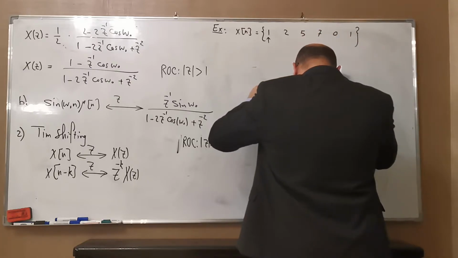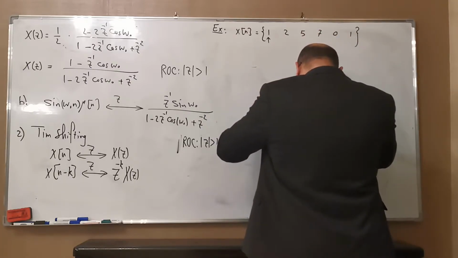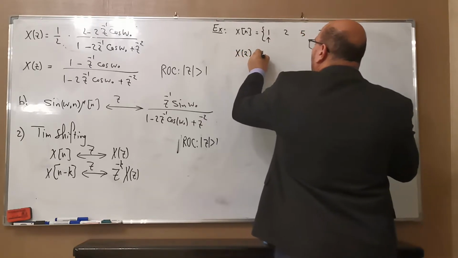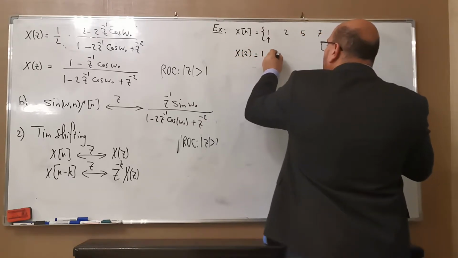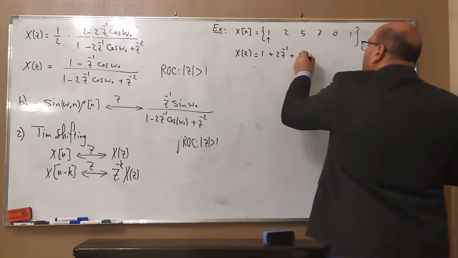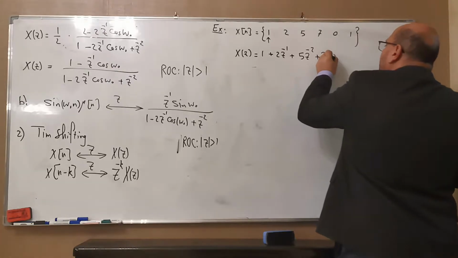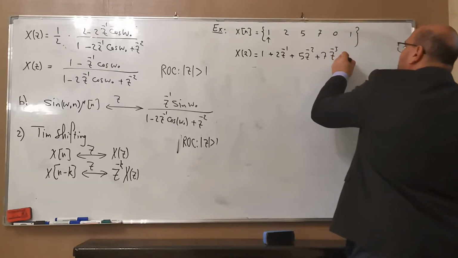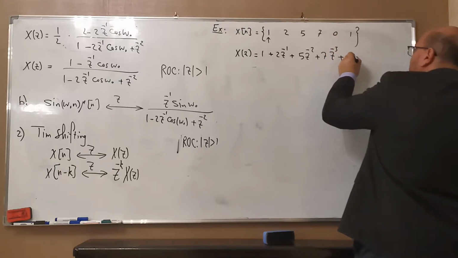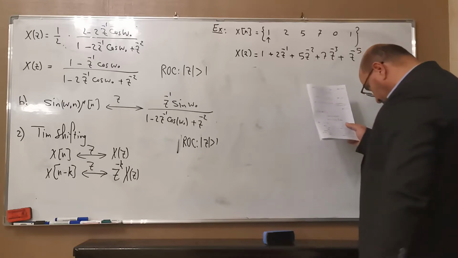X of z for this sequence is equal to 1 plus 2 z inverse plus 5 z to the minus 2 plus 7 z to the minus 3 plus 0 z to the minus 4 plus 1 times z to the minus 5. Okay, so this is our X of z.